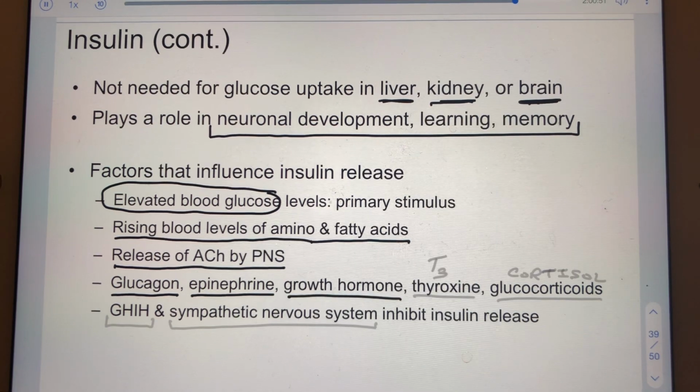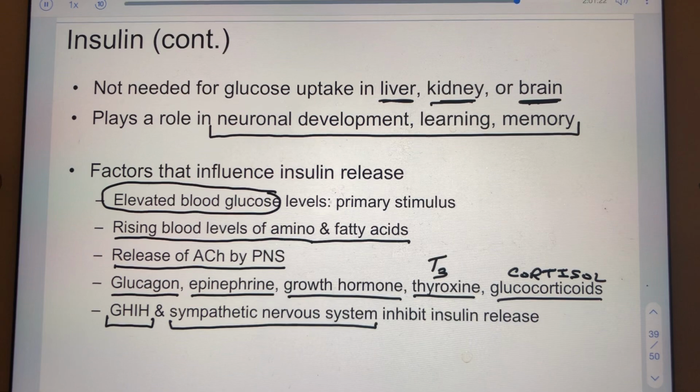Growth hormone, thyroxine, what the heck is that? Oh yeah, that's T3, okay? And glucocorticoids, who does that make you think of? Cortisol. They all promote the secretion of insulin, whereas growth hormone inhibiting hormone and the sympathetic nervous system inhibit the release of insulin. Okay?